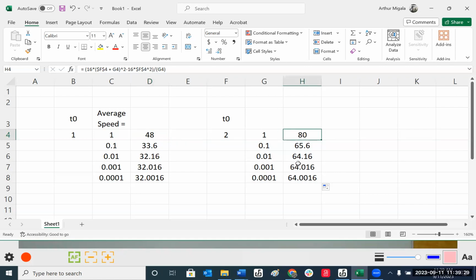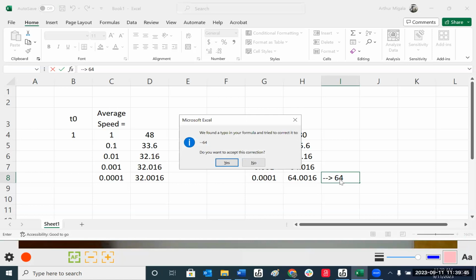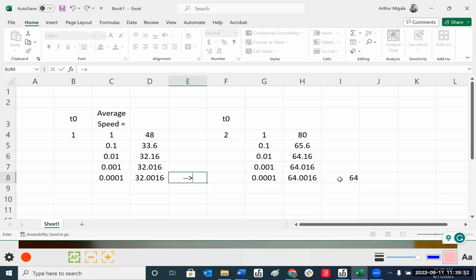Now we're at 64.0016. So you see, the further we keep on going, the smaller this gets, the closer it gets to the 64. So this one is 64, and this one would equal 32.